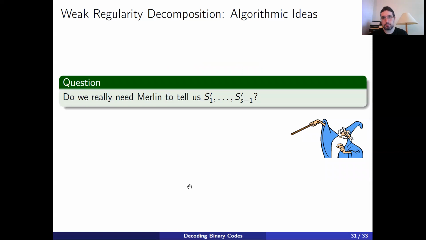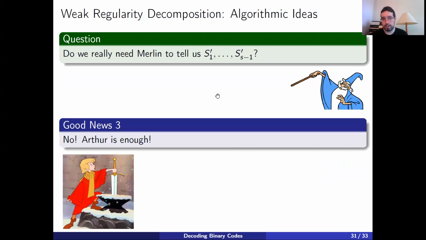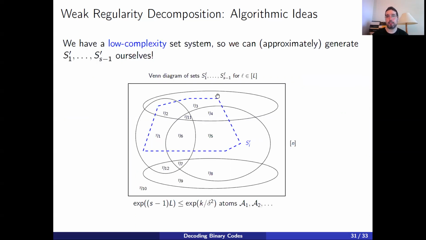And now let's go back to this point. Do we really need Merlin to tell us all those sets, all the initial sets? And the answer is no. Arthur is enough. You don't need special non-determinism to guess those sets. And why is that? The reason is similar to before: this collection of sets is low complexity.